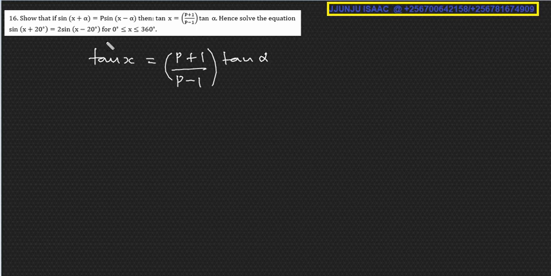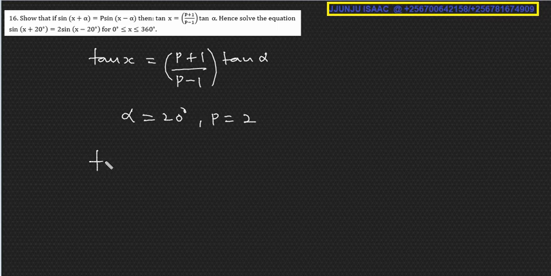However, if we compare what is given here with what we had in the question, x plus 20, here I have x plus α, x minus 20, here we had x minus α. That implies that α is 20 degrees. Then p appears on the right hand term, which is p times sine(x − α). So here we have a 2, meaning that p is 2.